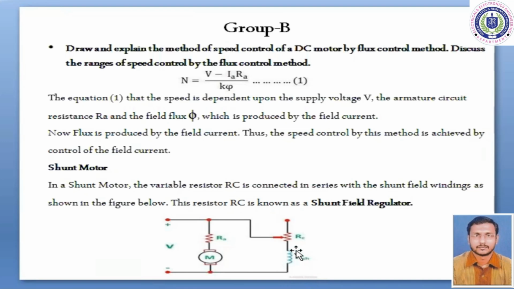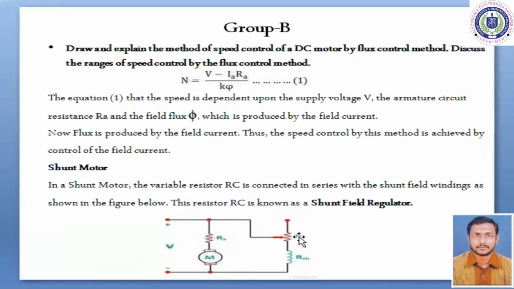With the help of this rheostat, that is Rc, we are trying to change the value of field current so that we can change the value of speed.